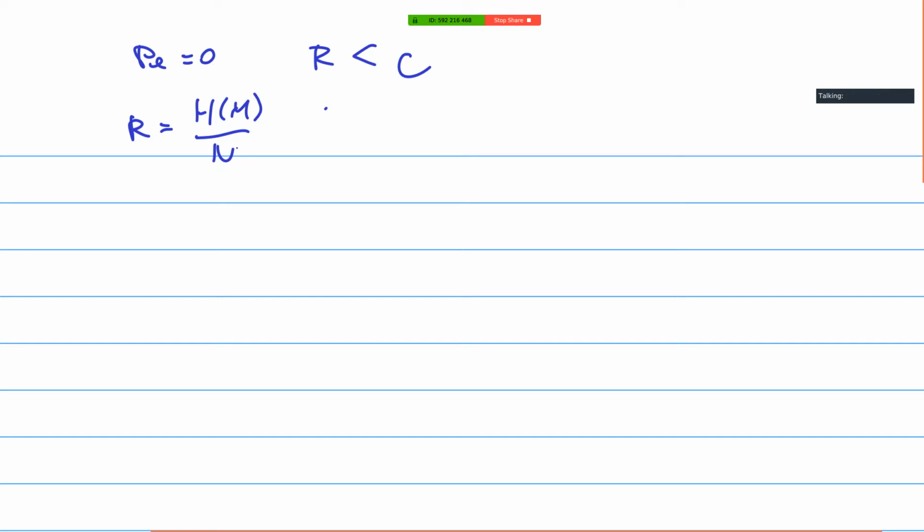If we just use the equation for conditional entropy and mutual information, I can expand this H(M) as I(M;Y^n) plus H(M given Y^n). And then I can use, what's that? I forgot the name.